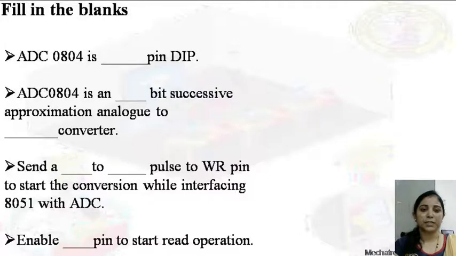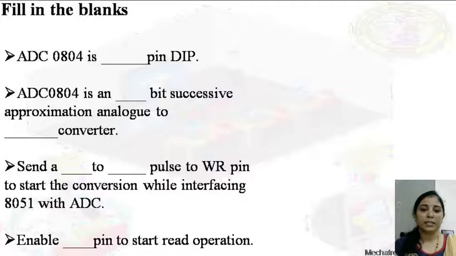The next question is: ADC 0804 is an dash bit successive approximation analog to dash converter. You know that ADC stands for analog to digital converter. So here the answer is 8 bit, and the converter is the analog to digital converter.